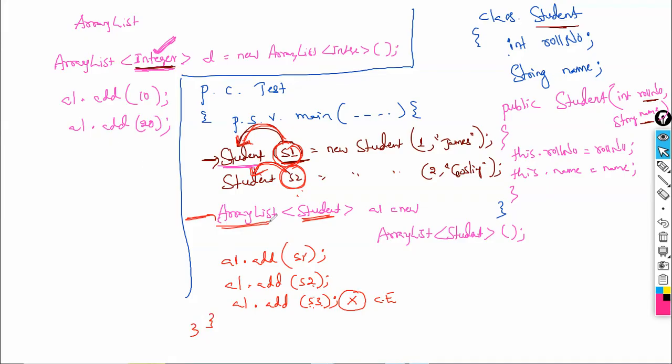We'll execute this program. Since s3 is not defined as Student type, therefore we'll get a compile time error.